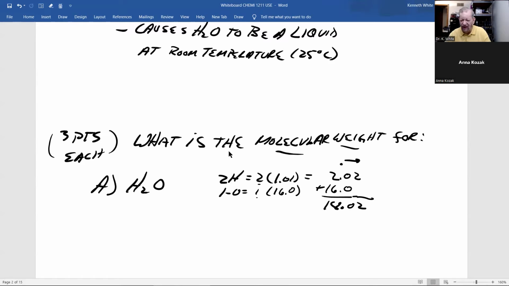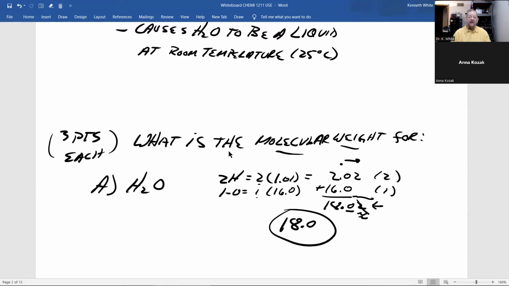So this number has 2 places to the right of the decimal and this has 1. Therefore, we have to round this off to 1 place past the decimal. We keep this, we look at that, that's 4 or less, so I'm going to drop it, and the correct answer using significant figures for the molecular weight of water is 18.0.